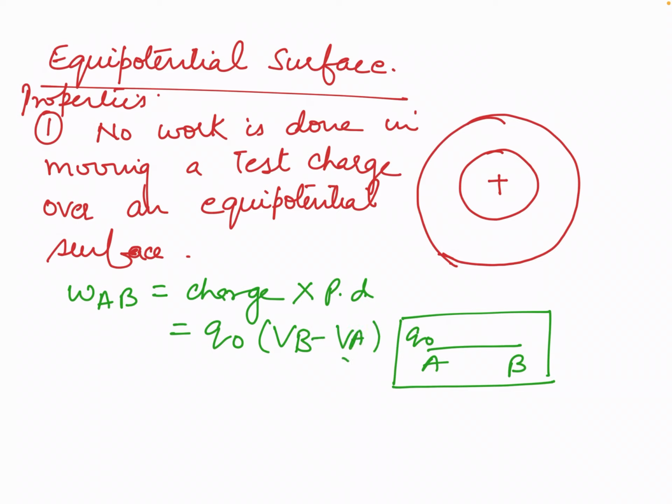Now since the surface is equipotential, VB minus VA will be 0. So WAB will be 0. So no work is done in moving a charge on an equipotential surface.